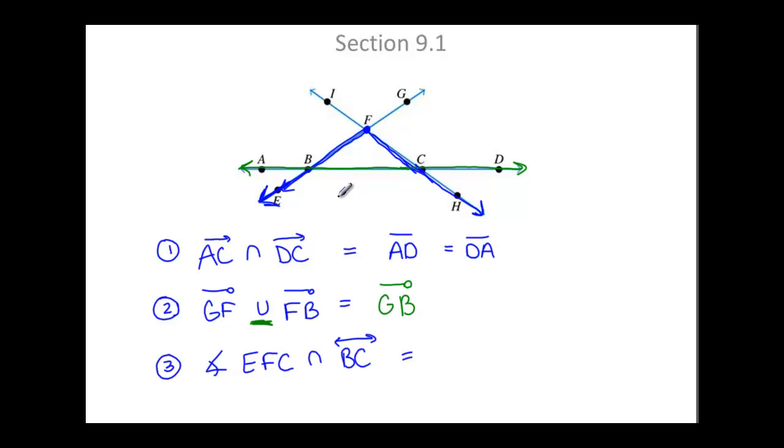So we can see that angle EFC intersects line BC at point B as well as at point C. So the way that we'll write that as our solution would be listing those 2 points. Point B and point C would be the intersection of angle EFC and line BC.